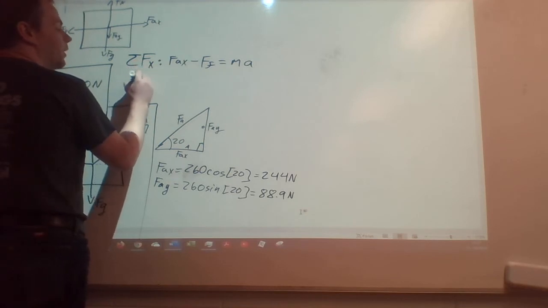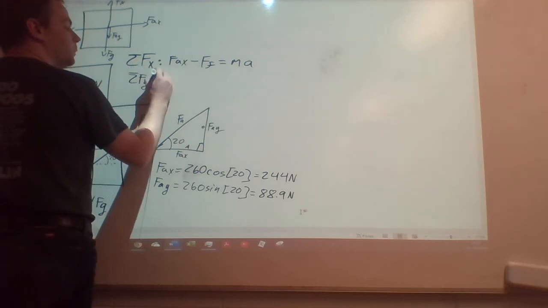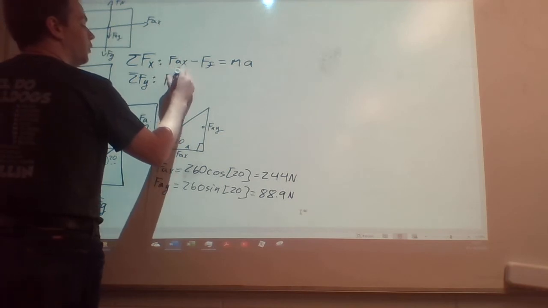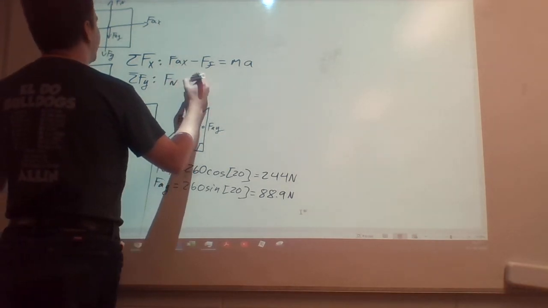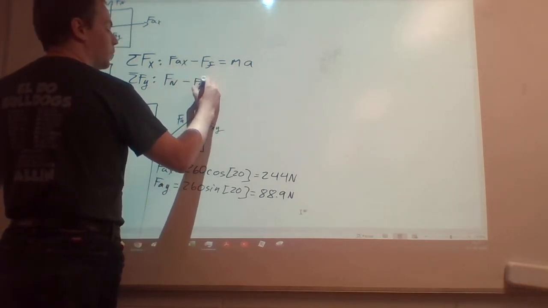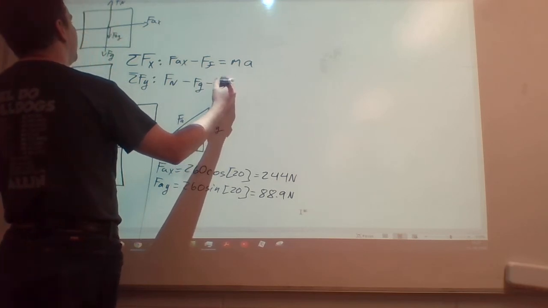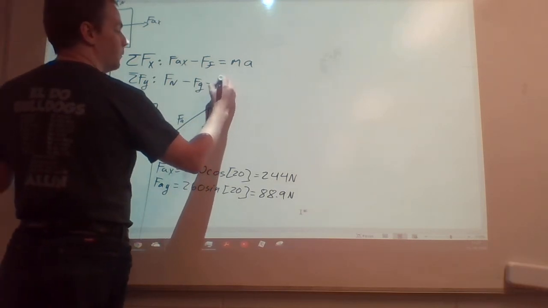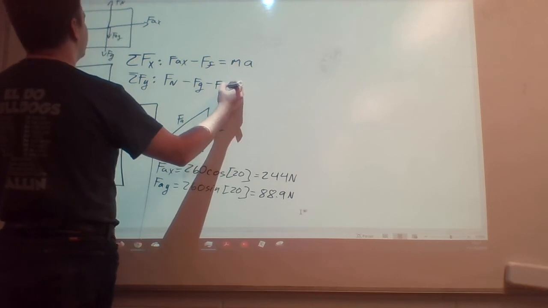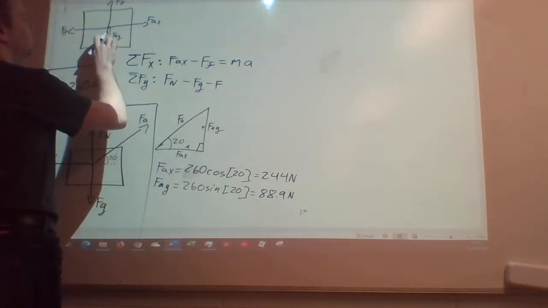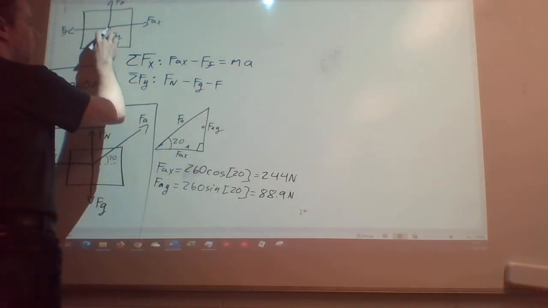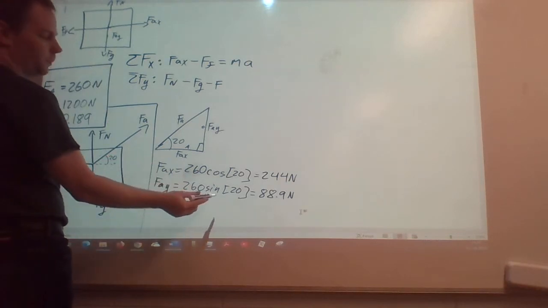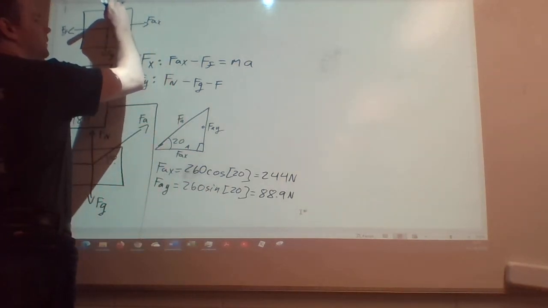Okay, then we have our sum of forces in Y, which would be the normal force minus the weight of the crate minus the vertical component weight. I did this wrong. This is positive, so it is up.